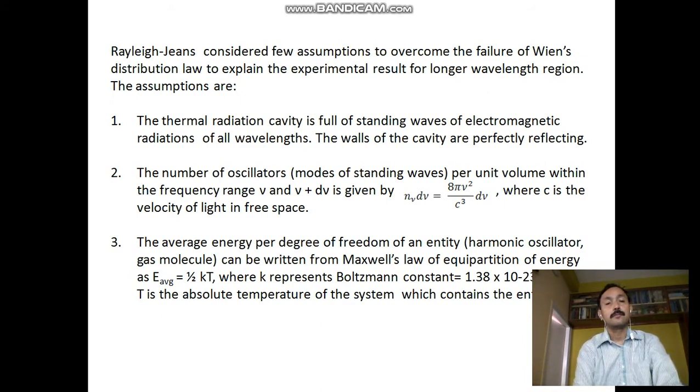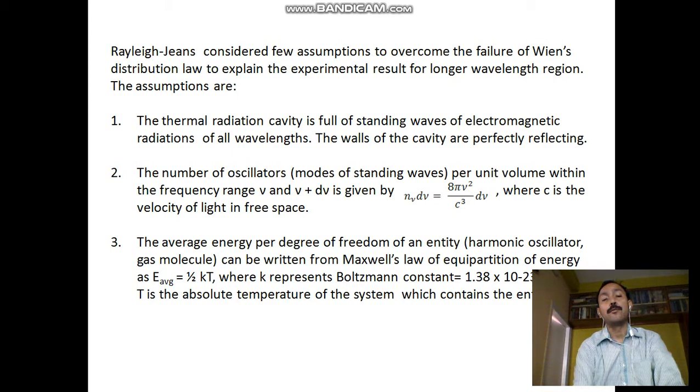Number 3, average energy per degree of freedom of an entity can be written from Maxwell's law of equipartition of energy as E average is equal to half kT, where k represents the Boltzmann constant whose value is 1.38 × 10 to the power minus 23 joule per Kelvin, and T is the absolute temperature of the system which contains the entity.